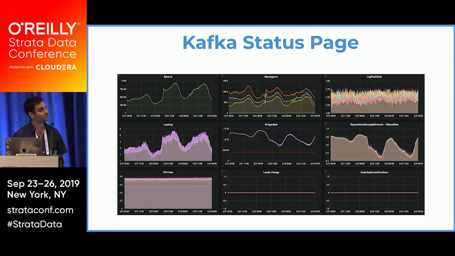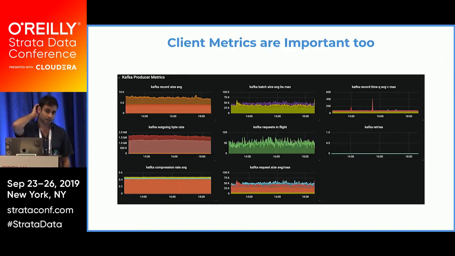So that leads me to the next point. Broker metrics are nice, but to have a holistic view of your system, you really need client metrics as well. You need to be able to look at your consumer and producer and how they're working and interacting with your broker. And I used that production incident to force that team to move to our new Kafka library that had metrics for the producer and consumer.